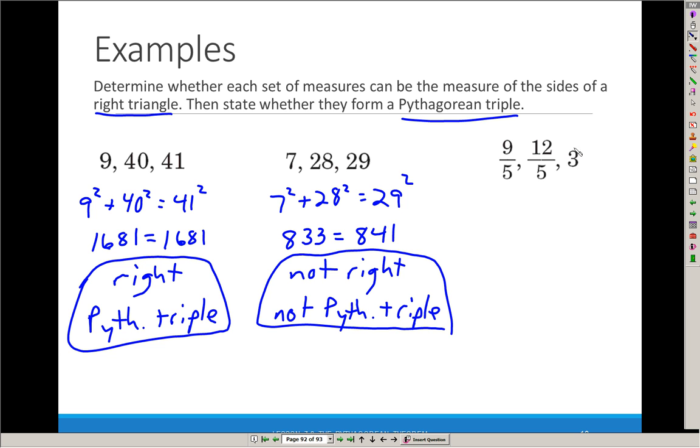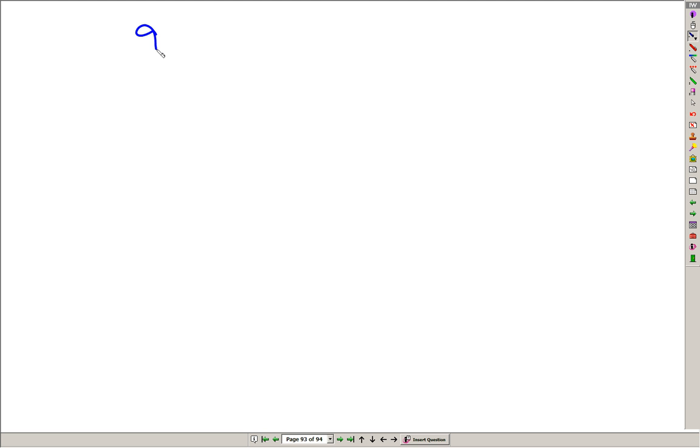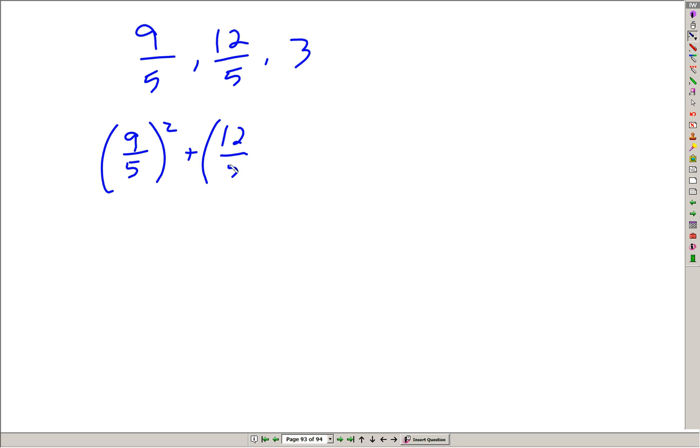9/5, 12/5, and 3. Let me make a new screen here to have more room. 9/5, 12/5, and 3. Well, let's see if the Pythagorean theorem works. 3 is the biggest number, so we'll do 9/5 squared plus 12/5 squared equals 3 squared.